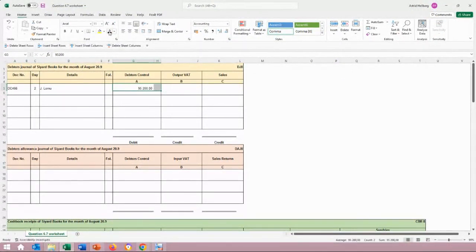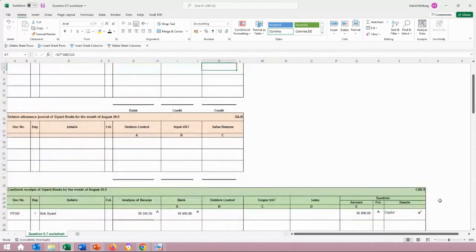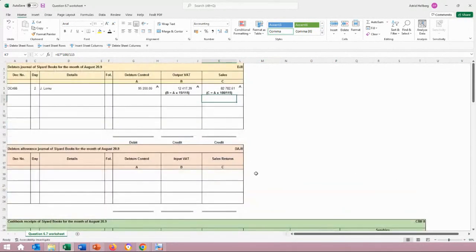Now we have to calculate the output VAT, which would be the amount from debtors control multiplied by 15 over 115, and then the sales amount would be multiplied by 100 over 115 to give us the sales value. Because we're busy with the periodic inventory system, you will see there is no cost of sales column on any of these three journals.